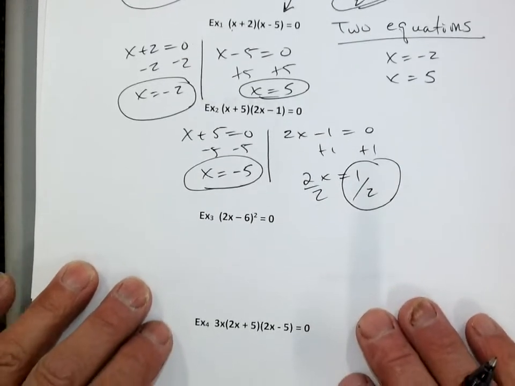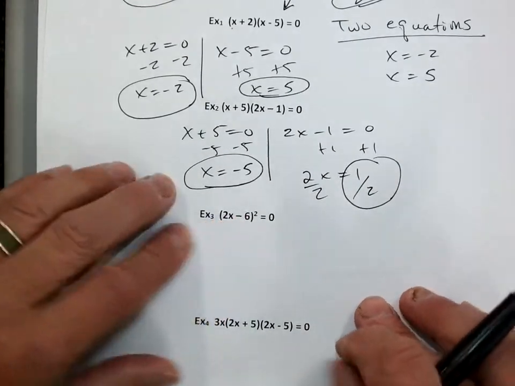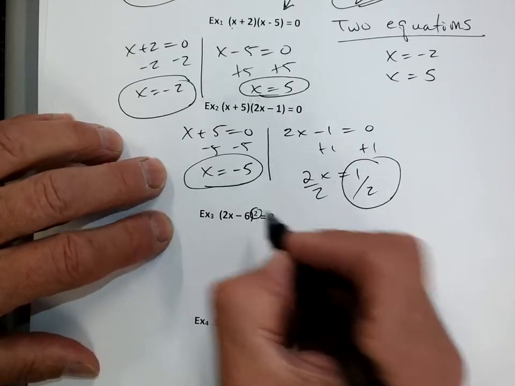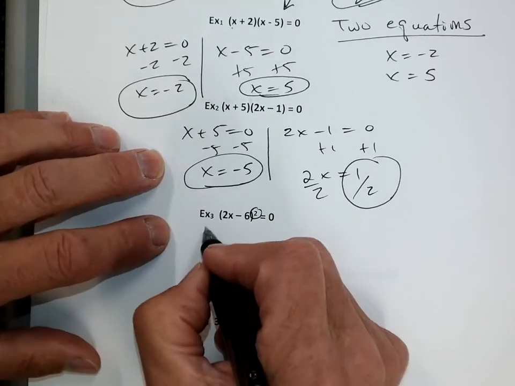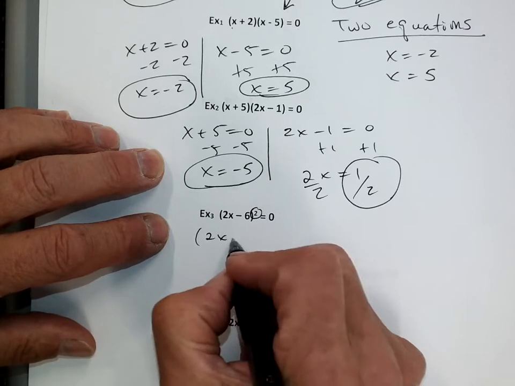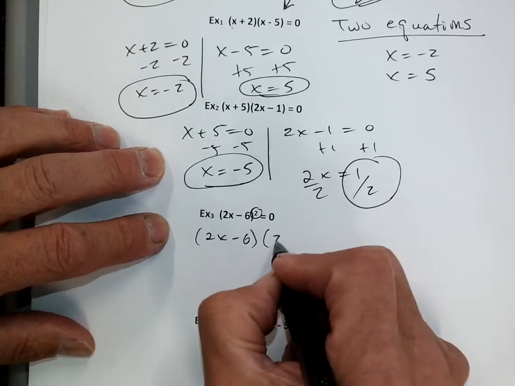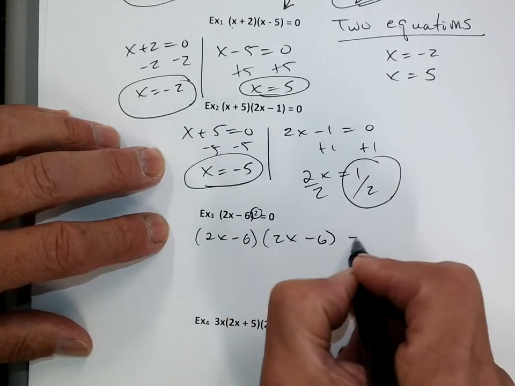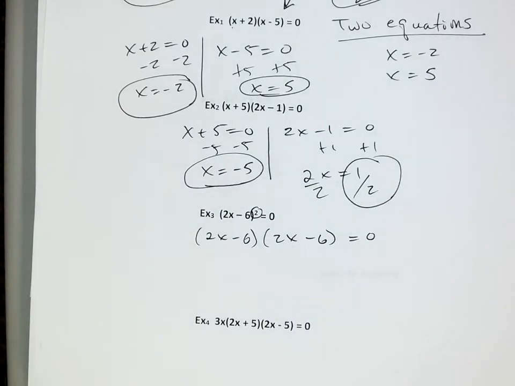Example 3, before I even solve it, I'm going to rewrite it. Quantity squared means something times itself. So I'm going to rewrite it as 2x minus 6 times another 2x minus 6. Again, I'm just going to solve two mini equations and get two answers. Now, in this case, I'll get two of the same answers.